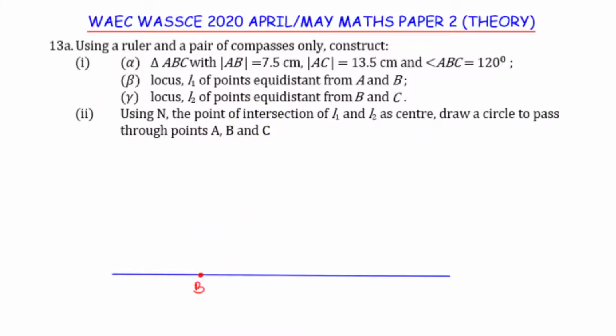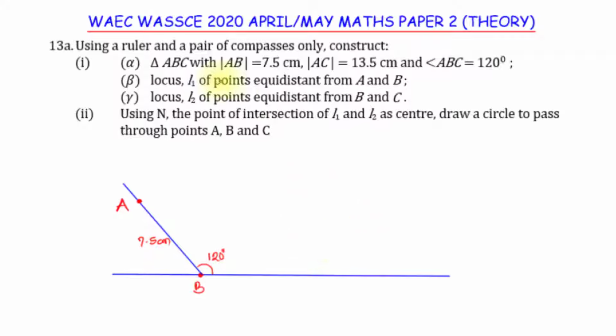So from B, we want to mark off 120 degrees to go to line A. Something like this. But for me, I will just note that here this is going to be 120 degrees. And then from B to A, that will be 7.5 centimeters.